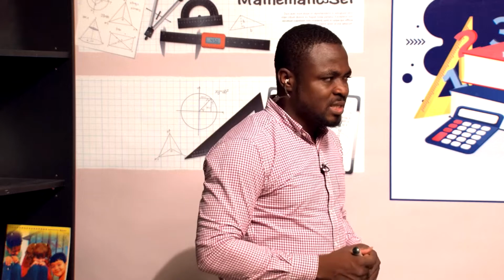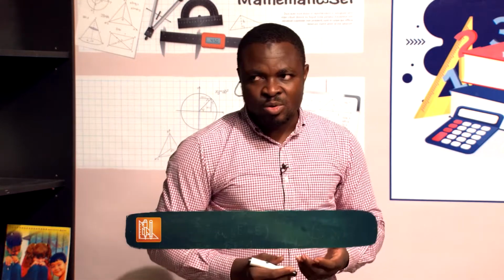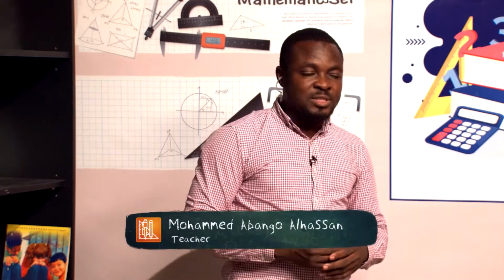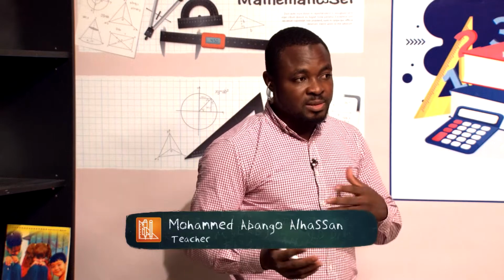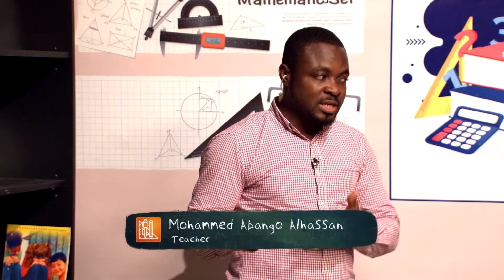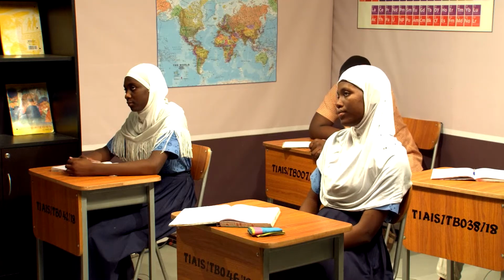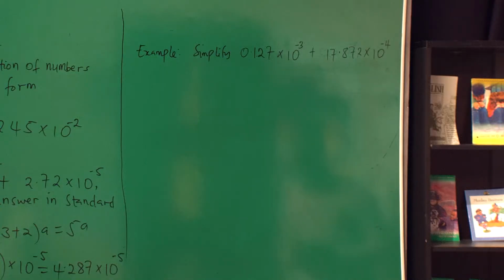We move on to look at another case where you may have different exponents. Let's say 10 exponent 2 and 10 exponent 3. How do you go about it? The second example on the board says simplify 0.127 times 10 exponent negative 3 plus 17.872 times 10 exponent negative 4.